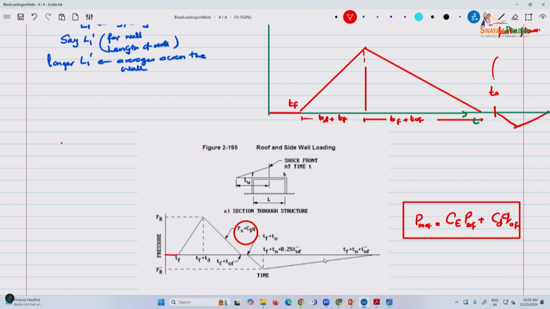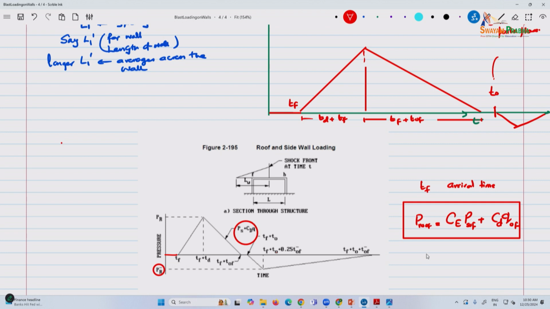And here again TF is the arrival time, T naught is the positive phase duration. I know it can be a little confusing, we've used TD, TA and things like that. TF plus T naught plus 0.25, and then this is the negative phase, and then here you have PR minus.